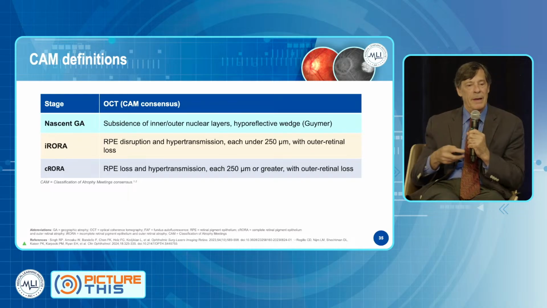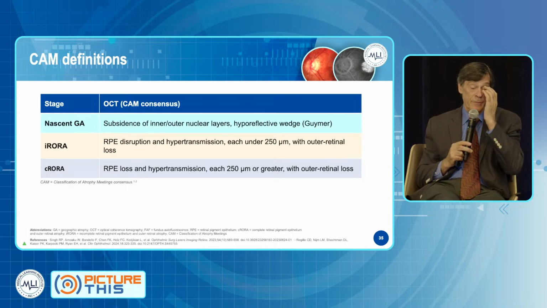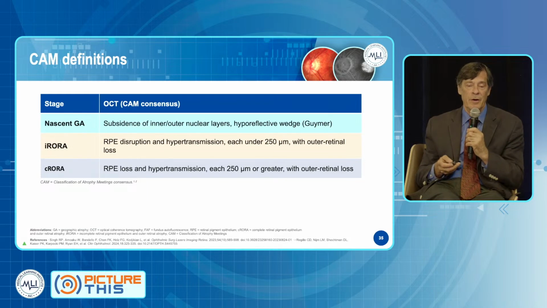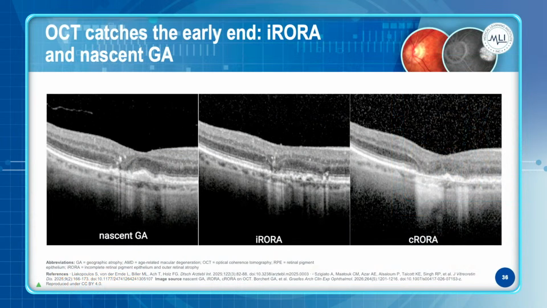And as it's panned out over the subsequent years, it's turned out that 250 has been a pretty good cutoff for identifying the size at which you can reproducibly measure, but also the size at which, once you hit that point, that's a pretty irreversible endpoint. So here you see it visually, and on the left is nascent GA.